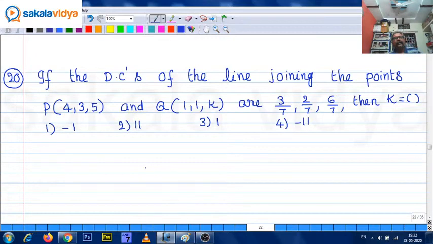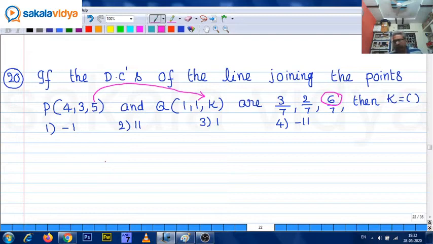Direction cosines of the line joining the points 4 comma 3 comma 5 and Q 1 comma 1 comma k are 3 by 7, 2 by 7 and 6 by 7. Then we need to find the k value. It is very simple here. This 5 minus k should be equal to 6.